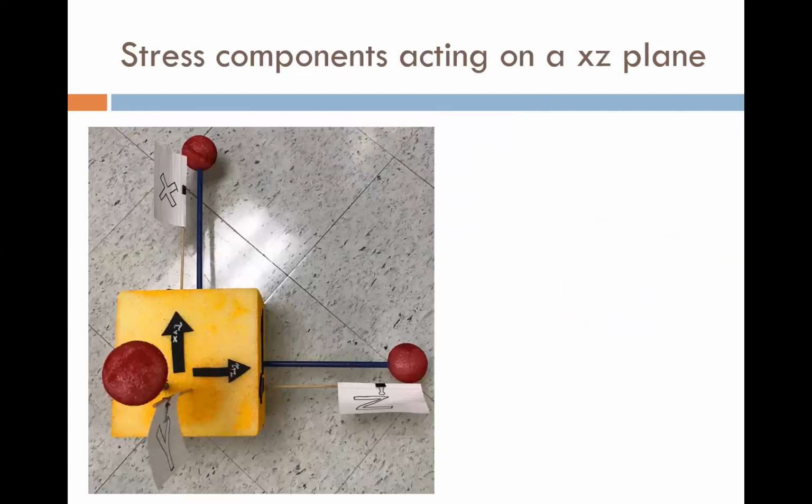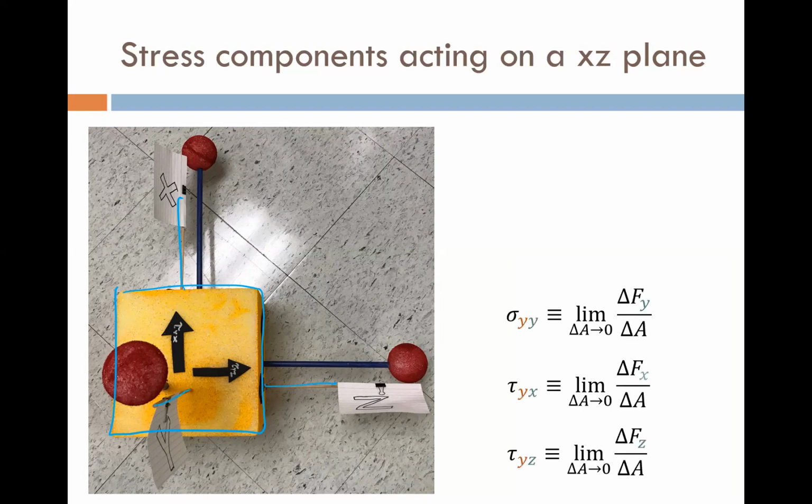And lastly, we can look at the XZ plane. We have X pointing this way, Z pointing that way. And that means that the normal direction is the Y direction. Here our normal stress is sigma yy, both the plane normal and the force directions are the same.